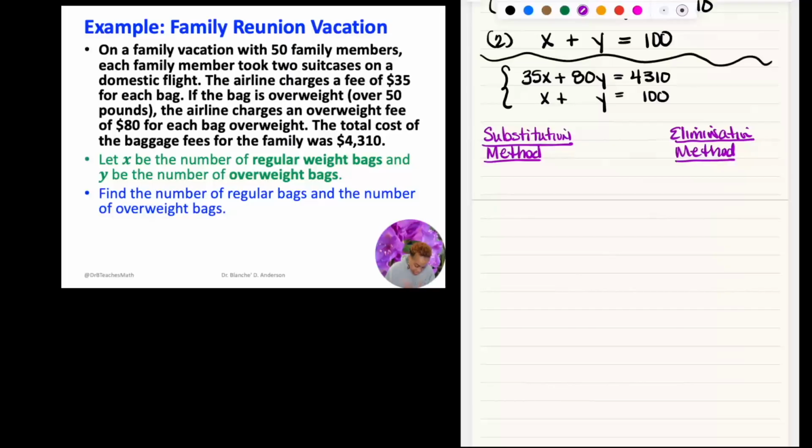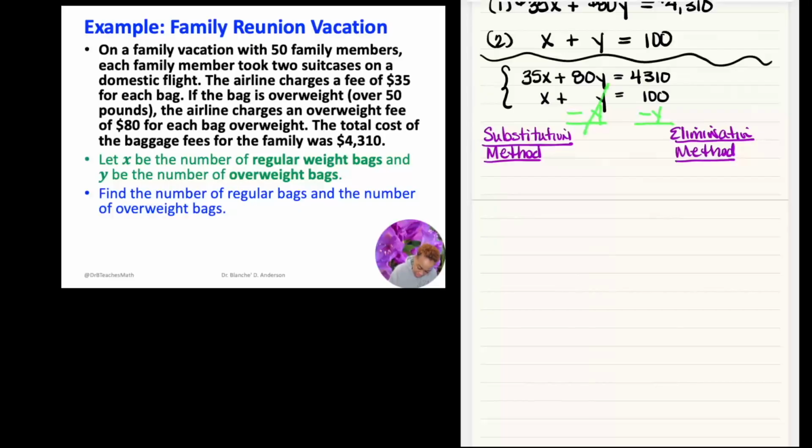All right, for the substitution method, the easiest equation to solve for is this one, right? Because you could subtract y on both sides, and you'd have x equals 100 minus y. So I'm going to subtract y on both sides.